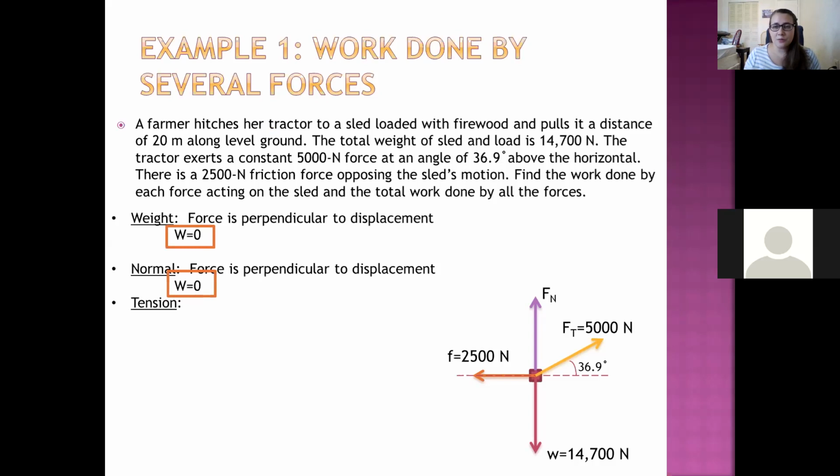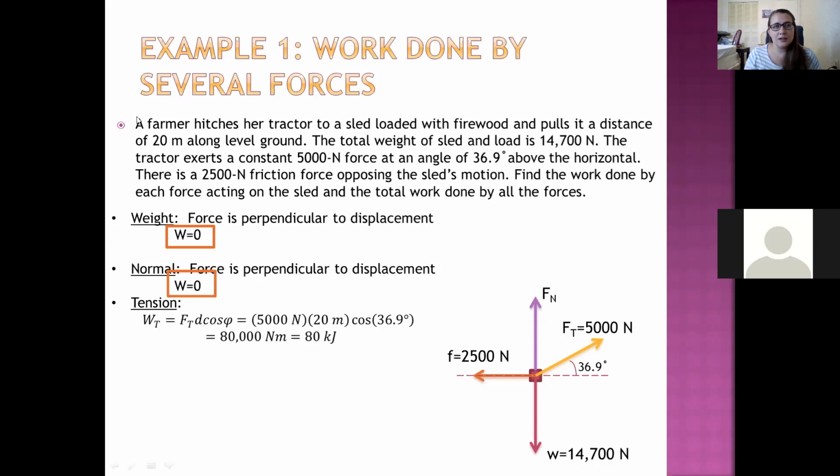The tension force, that is not perpendicular to our displacement. There is some amount of that tension force that's being applied by the tractor that's making the firewood move to the side. So the work done by tension, WT, equals the force of tension times the displacement times the cosine of our angle.